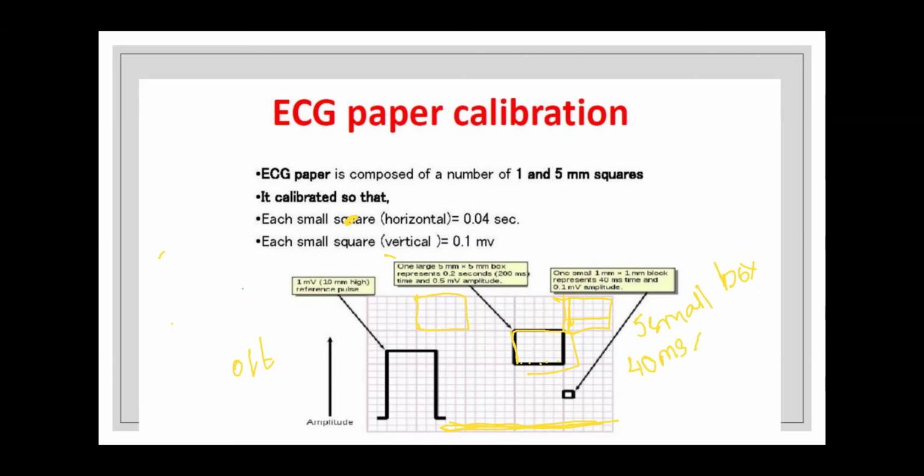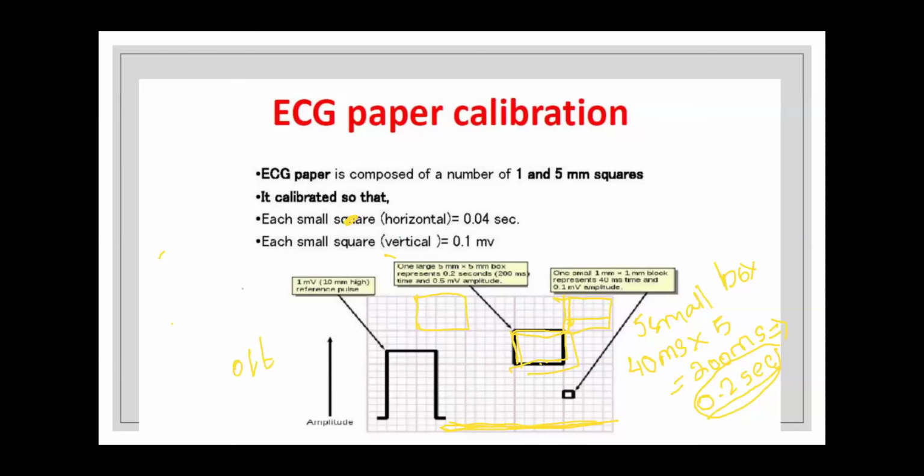So if we multiply 40 by 5, it will be equal to 200 milliseconds. If we convert this milliseconds into seconds, it will be equal to 0.2 seconds. So this one large box comprises 0.2 seconds.